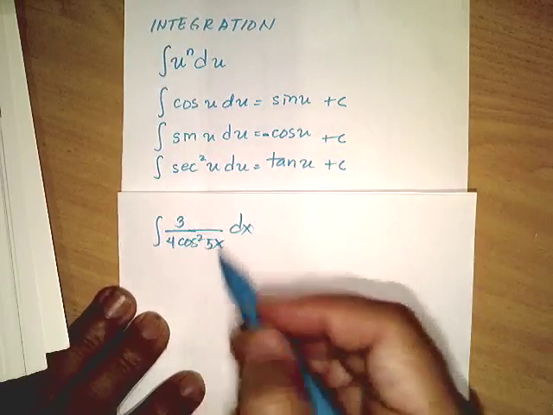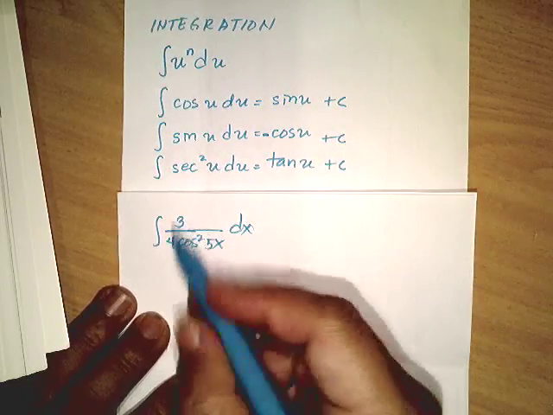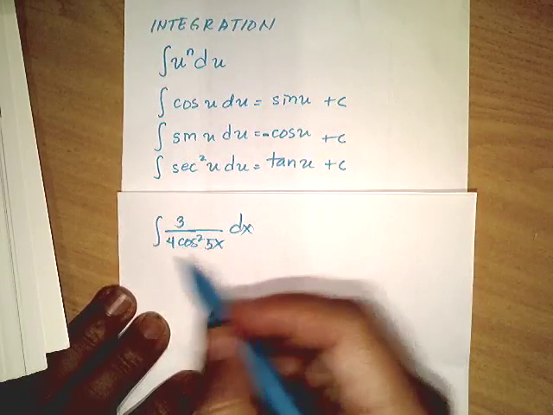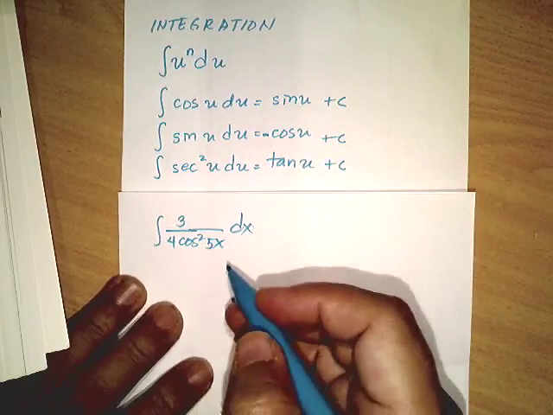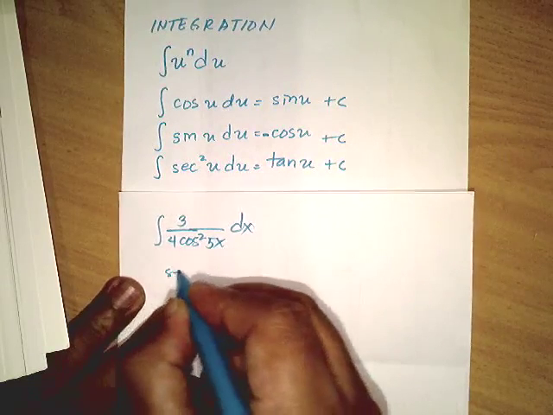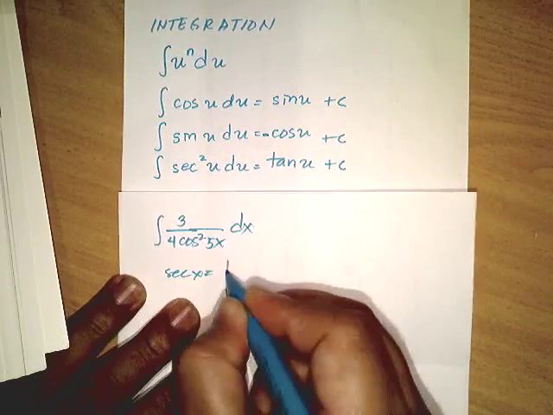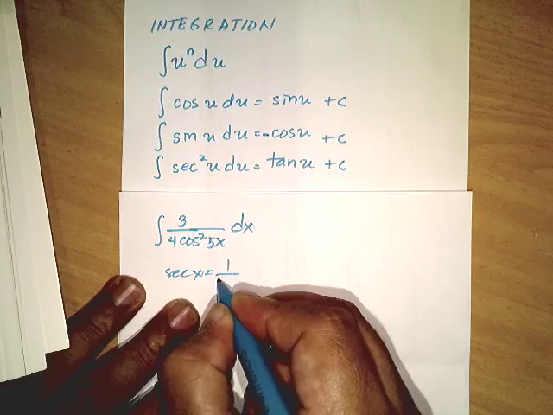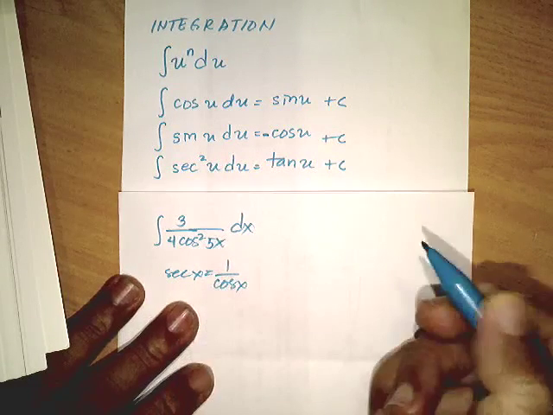If you have 1 over cosine squared like this, we all know that secant x is equal to 1 over cosine of x.